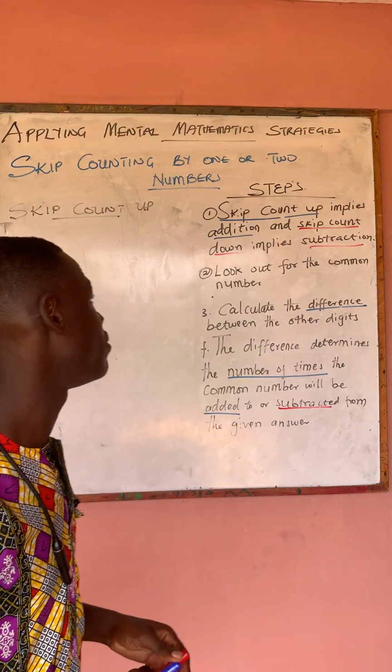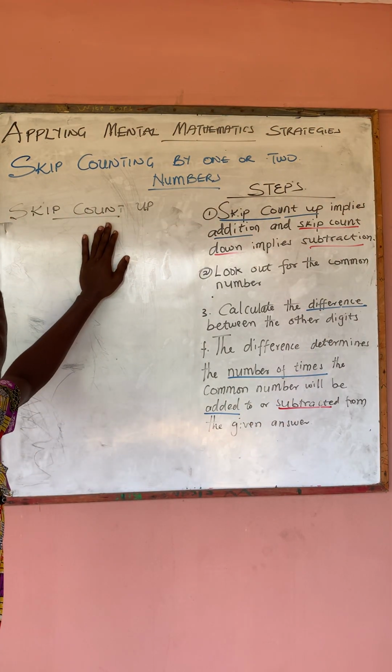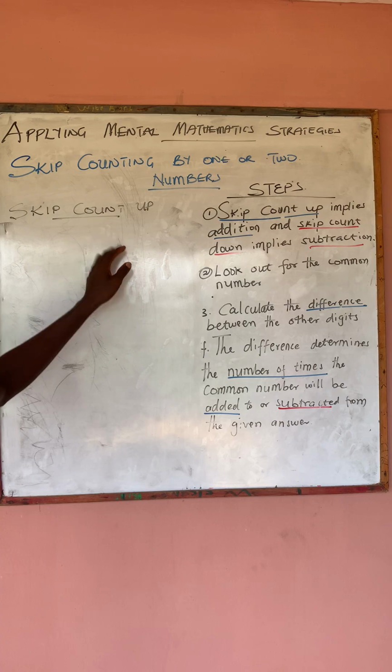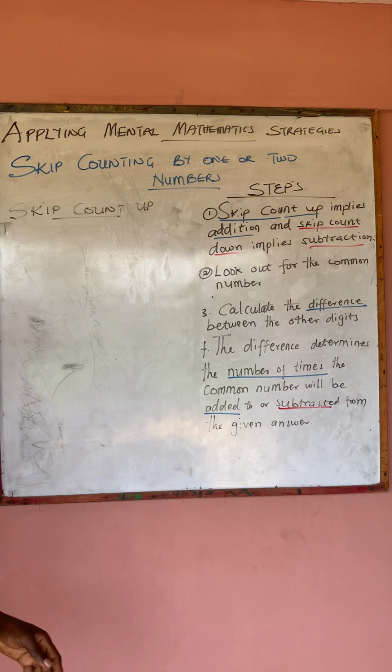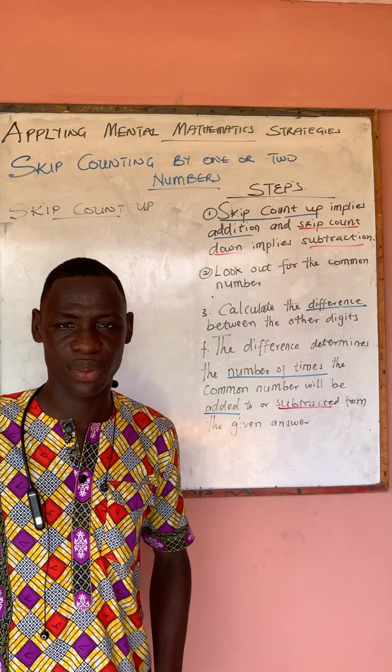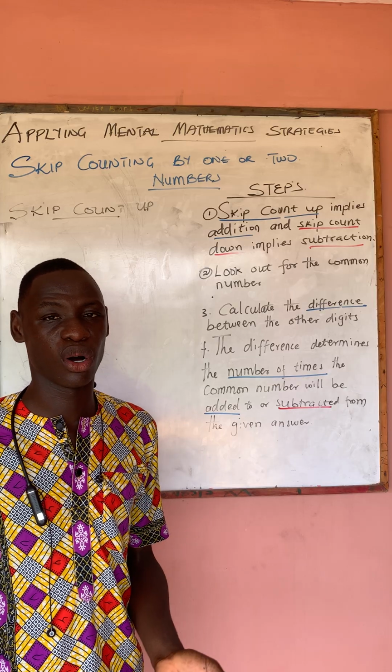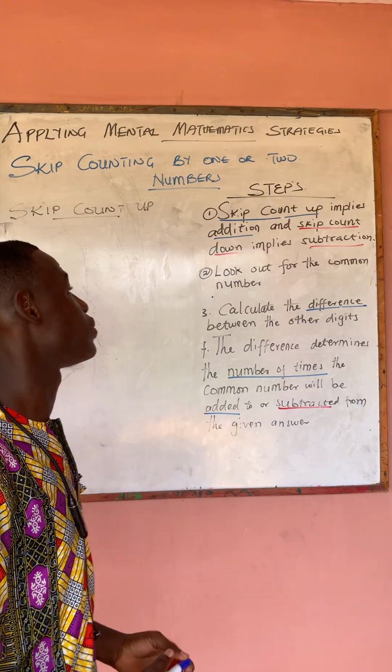So without wasting time, let's look at the first one, skip count up. One may wonder, how do we know skip count up? The question will give you all the information. So let's take an example.